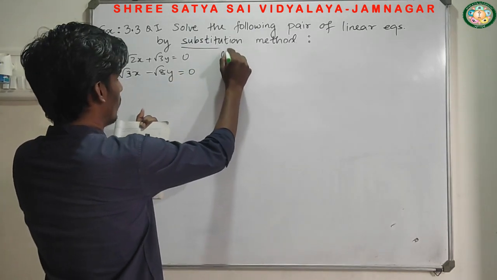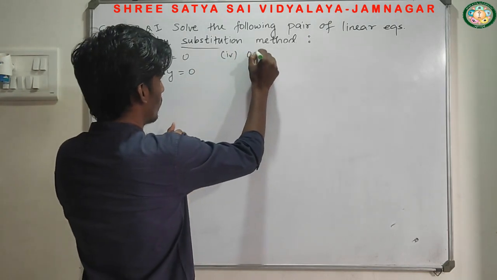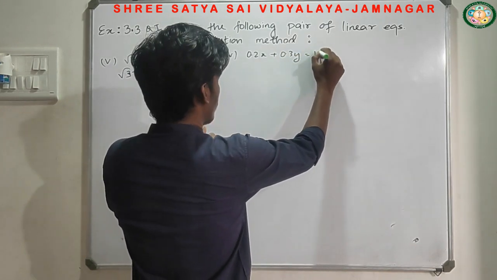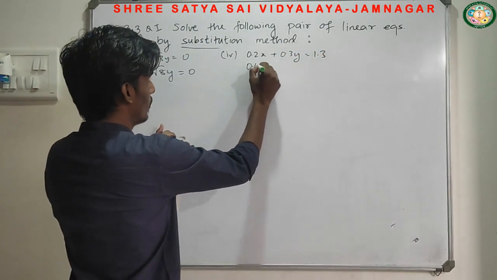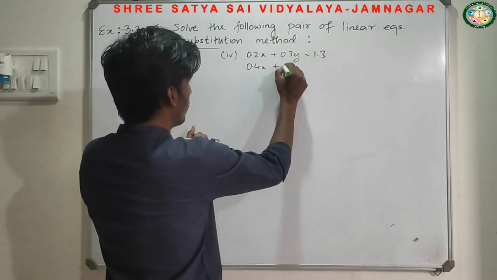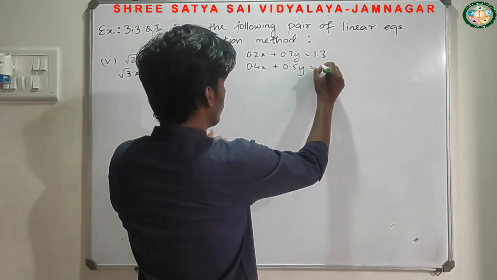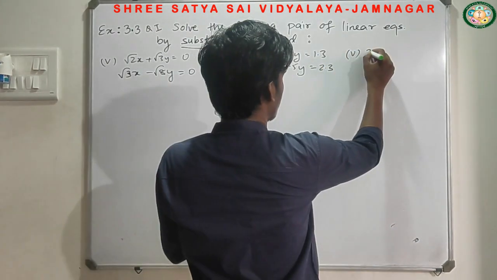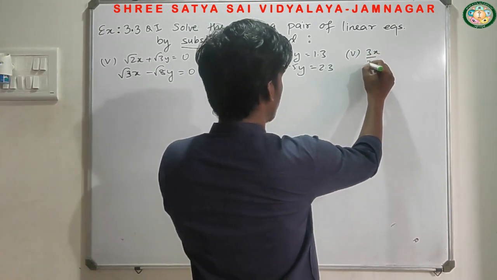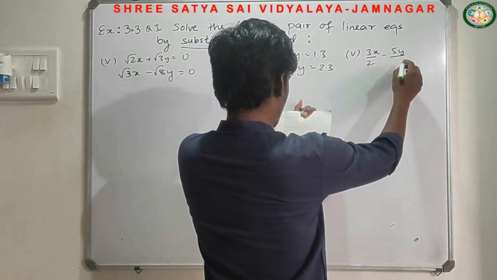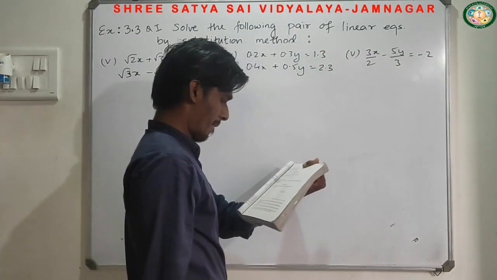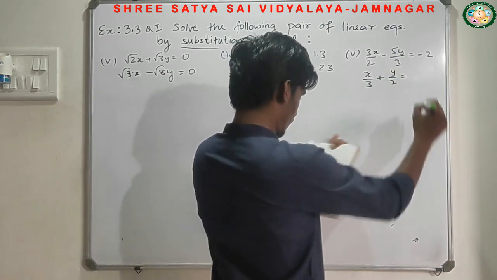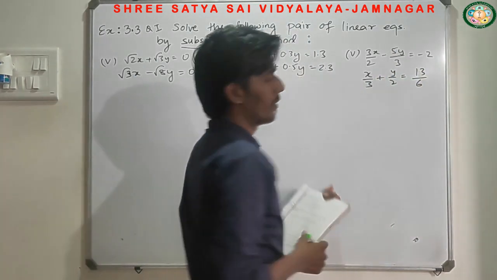Then the fourth one: 0.2x plus 0.3y equals 1.3, 0.4x plus 0.5y equals 2.3. And the last one: 3x upon 2 minus 5y upon 3 equals minus 2, and x by 3 plus y by 2 equals 13 by 6.